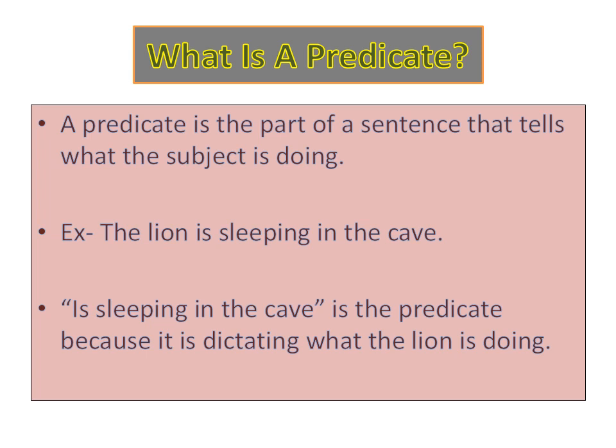Now, how to find out a predicate? First, let's know the definition of predicate. A predicate is the part of a sentence that tells what the subject is doing. We can compare predicate with a naughty child in the class. Students, just imagine that there are few naughty students in the class who always create disturbance.